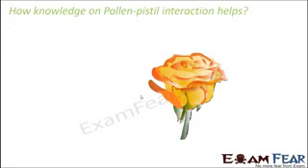Now the question is, how does knowledge of pollen-pistil interaction help? Why do we want to know about it? Because if we have good knowledge of which pollen-pistil interaction is compatible and which is incompatible, we can decide which pollen grains can be fused with which type of egg cell.